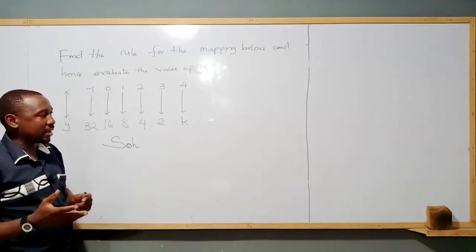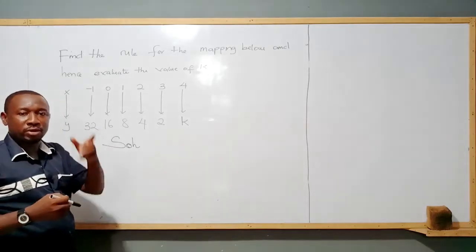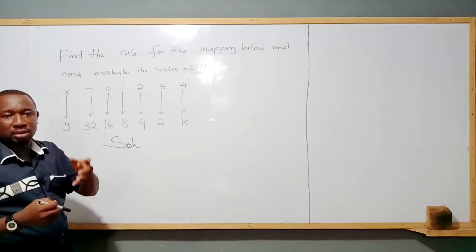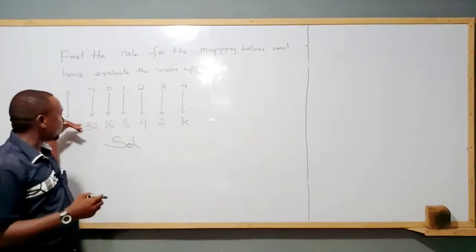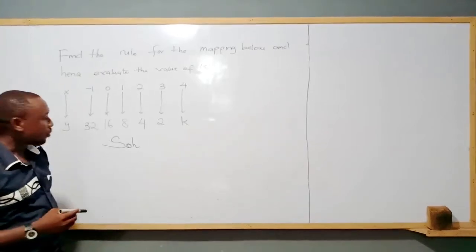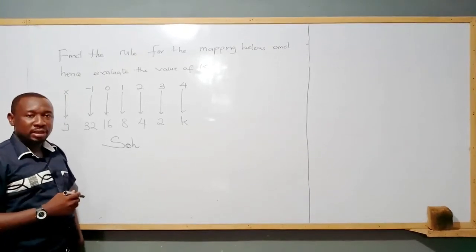What do we mean by the ratio of the consecutive terms in the codomain is constant? You know, we have the domain here, we have the codomain here. So this is what we do.